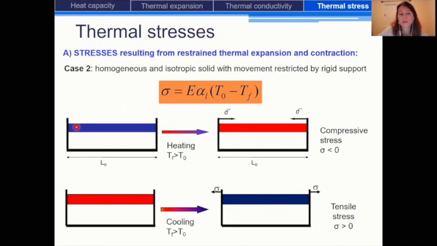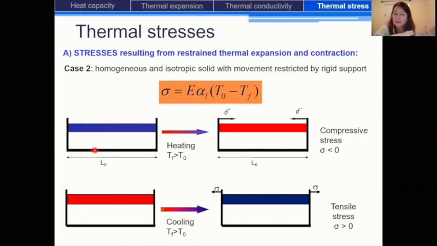So let's consider the first example. In that case, we have a rod of material that is heated. We saw that when we heat the material, we have an increase of the interatomic distance, which results at the macroscopic scale in a linear increase of the size of the rod.